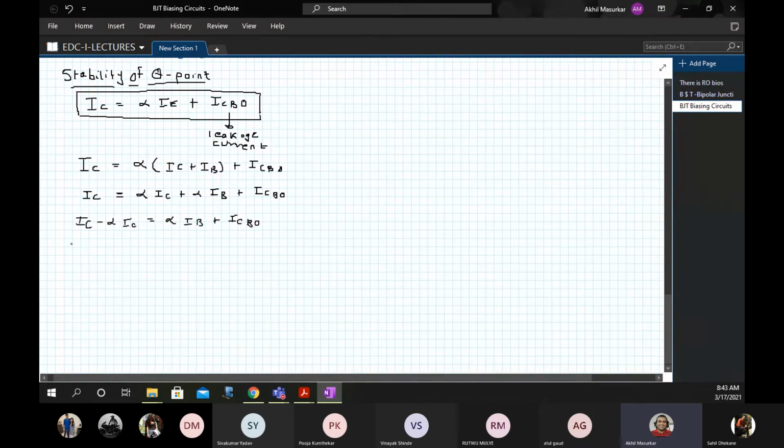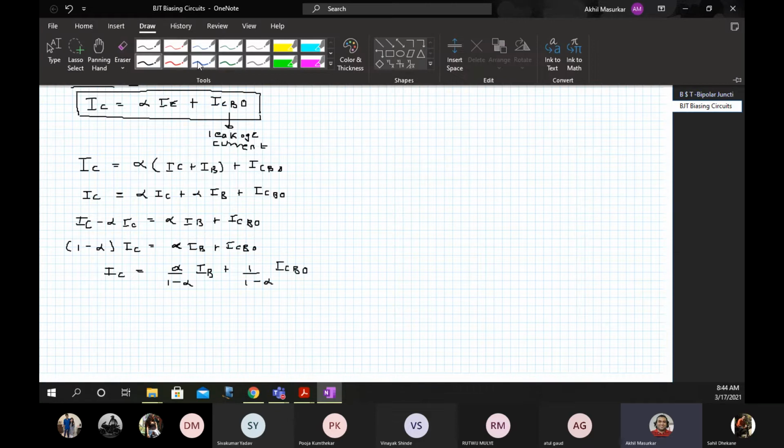So (1 minus alpha) into IC is equal to alpha times IB plus ICBO, and IC is equal to alpha upon 1 minus alpha into IB plus 1 upon 1 minus alpha into ICBO.